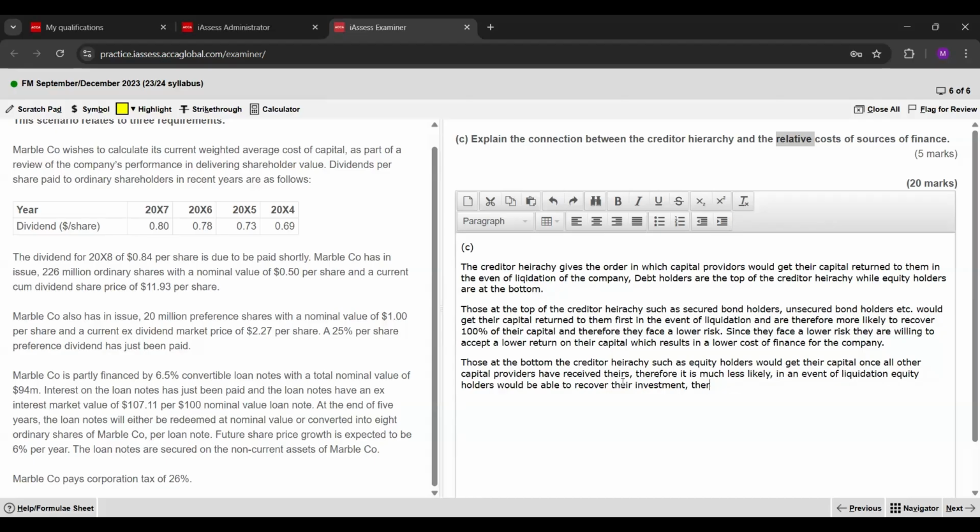Therefore, the risk faced by them is much higher than that faced by those at the top of the line.